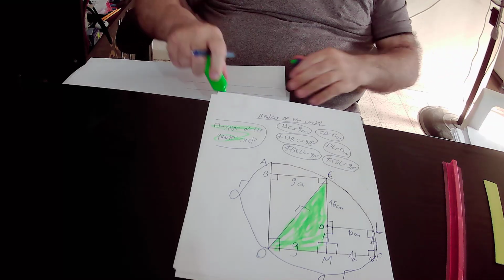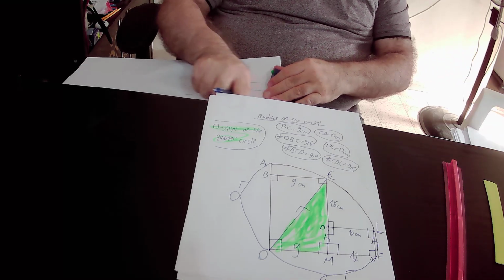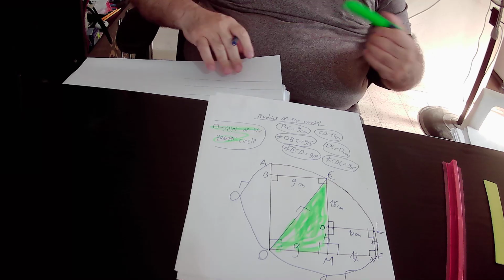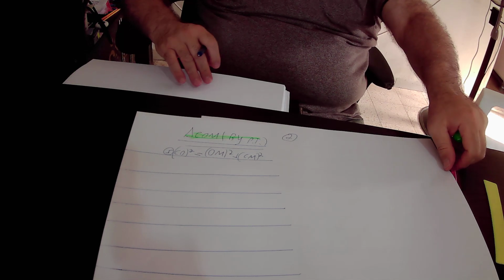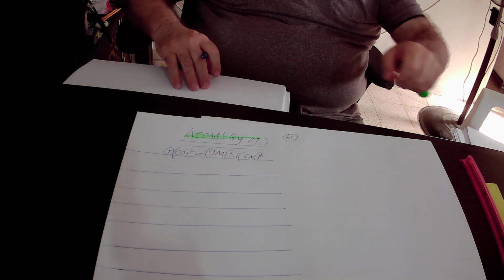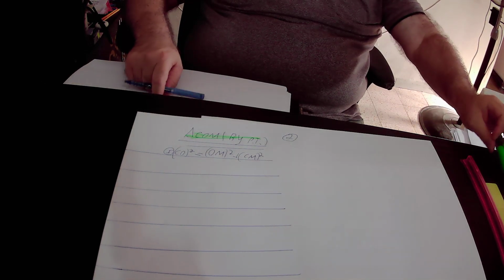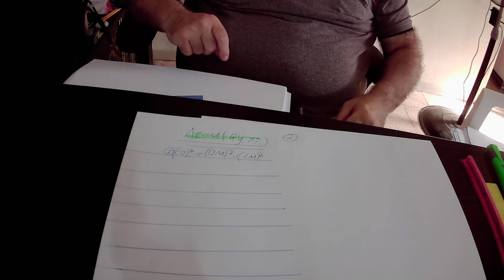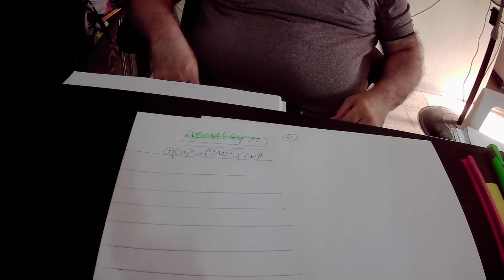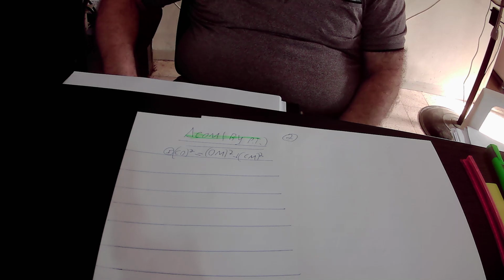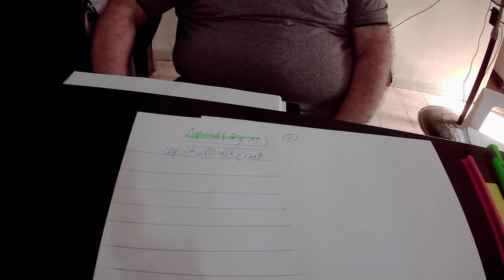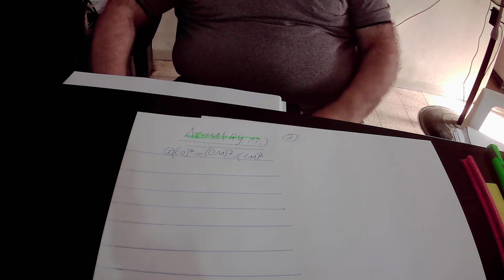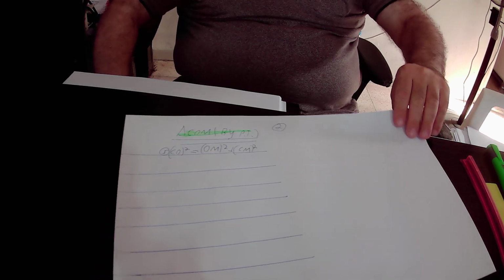I'll repeat again. In the right green triangle, triangle COM, according to the Pythagoras theorem, CO squared must be equal to OM squared plus CM squared.